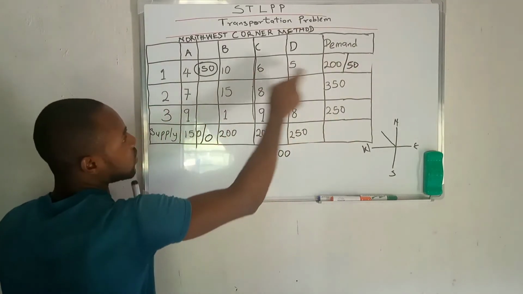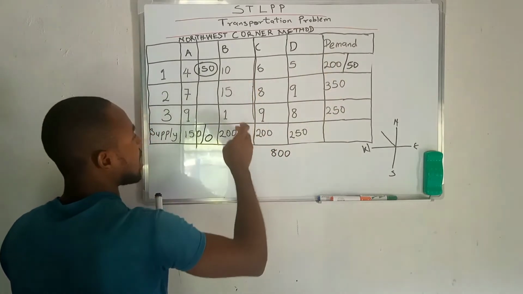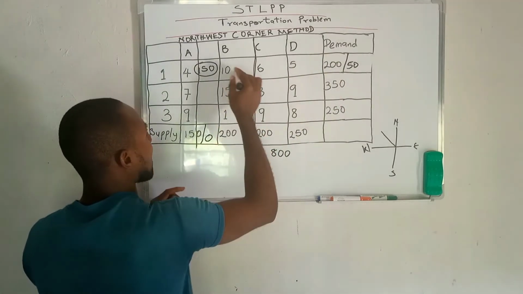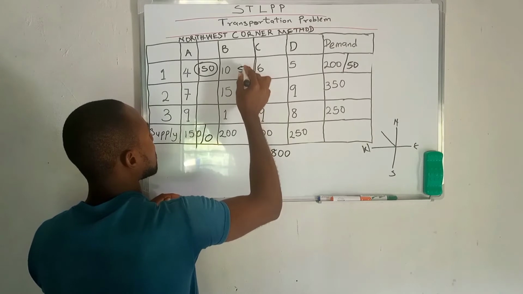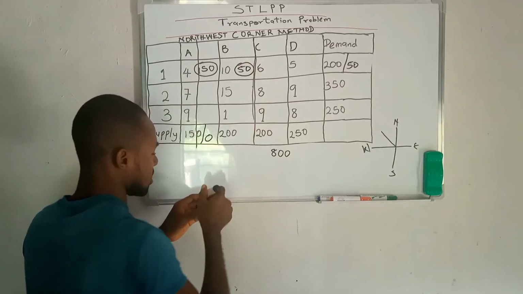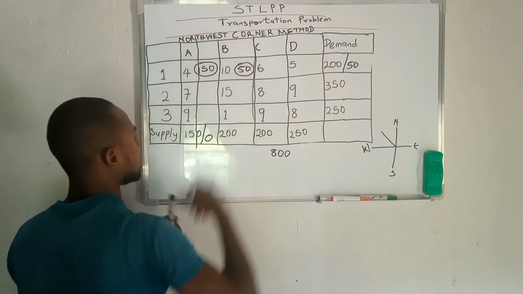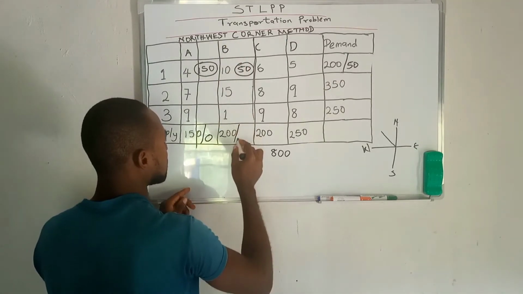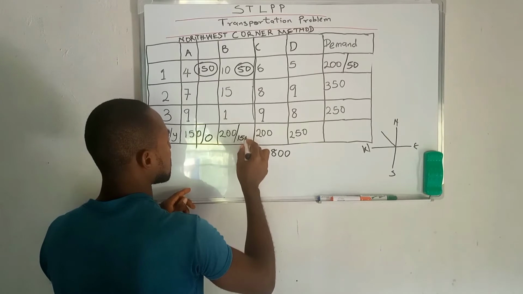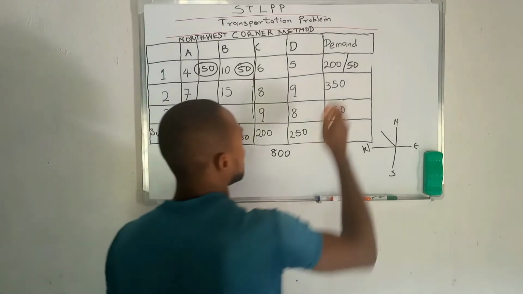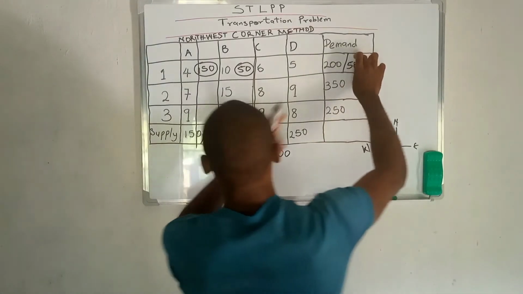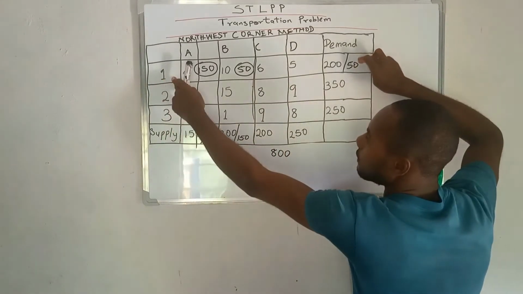So we supply them 50 goods and leave the remaining here. We'll have 50 here, and what will be remaining in unit B will be 150 goods.